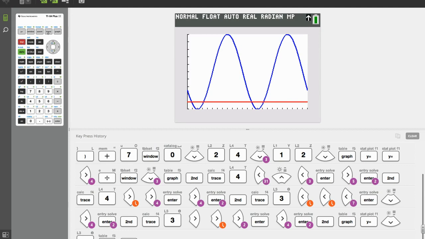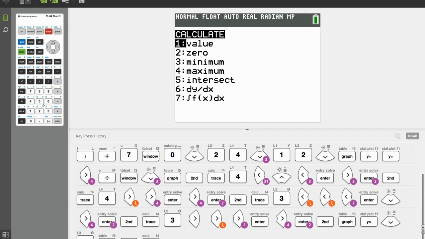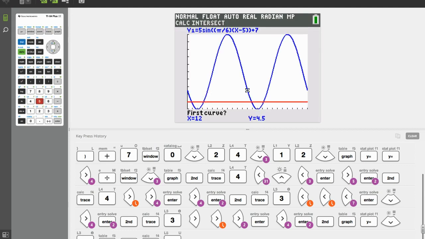We're going to do second trace, and we're going to do number 5. And we're just going to make sure for whatever intersection point we're trying to find, we move the little spider nearest that intersection point.